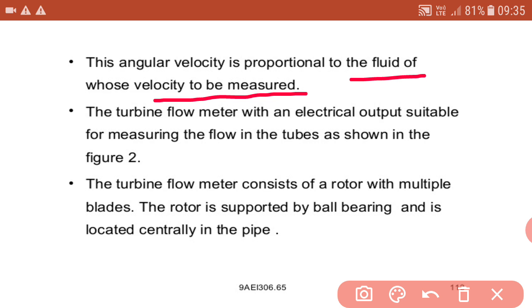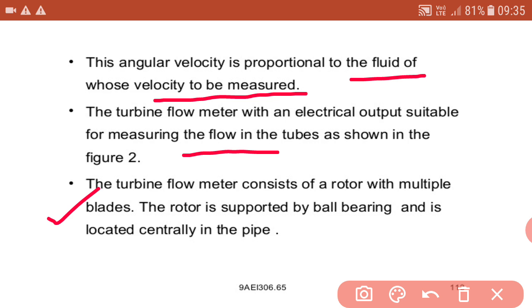The turbine flow meter with an electrical output is suitable for measuring the flow in tubes, as shown in the figure. If we require an electrical output, we know that electrical output is suitable for measuring, recording or indicating, and this arrangement is shown in the figure. The turbine flow meter consists of a rotor with multiple blades, which we have already seen.